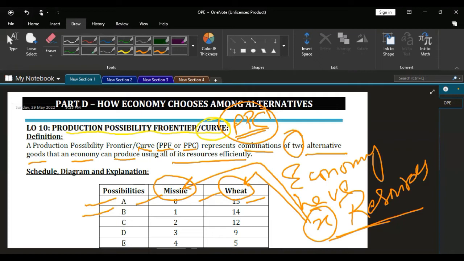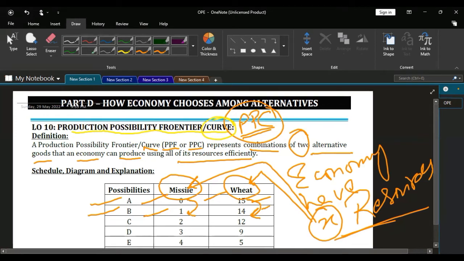And the second combination is that after some time we realize that the production of wheat is as important as we need missiles. Therefore, if we move from 0 to 1, we have to give up 1 unit of wheat.